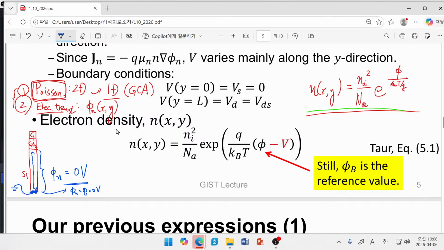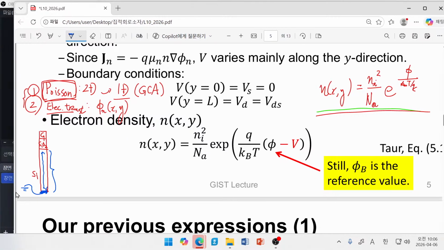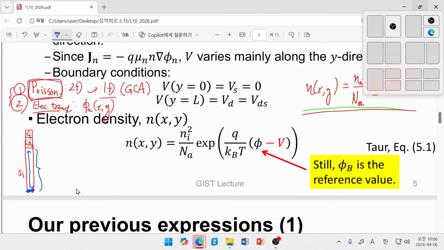But now in our new consideration within the gradual channel approximation, our configuration becomes a little bit different. Please allow me to explain a little bit more about this one.